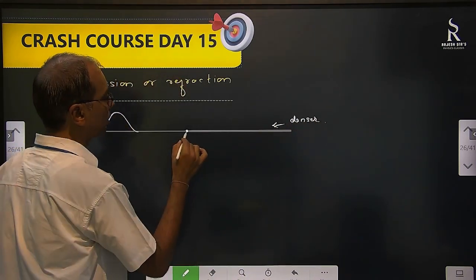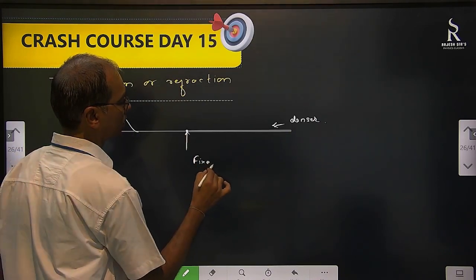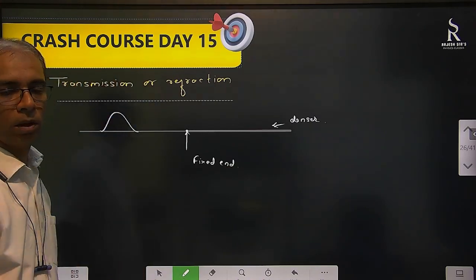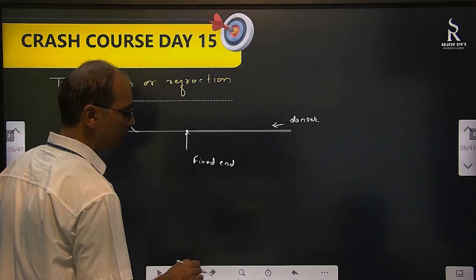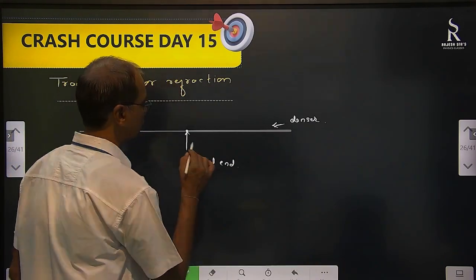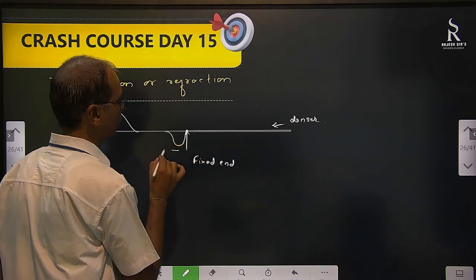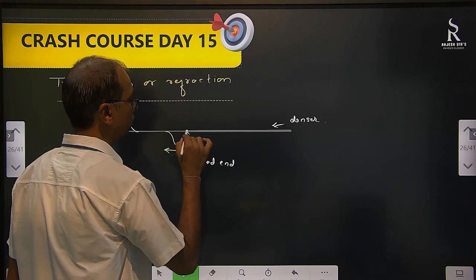The junction with the denser medium acts like a fixed end. So what happens with a fixed end? Phase change of 180 degrees for the reflected one. So the reflected one will come like this, in this way, and the transmitted one will be going in the same way here.